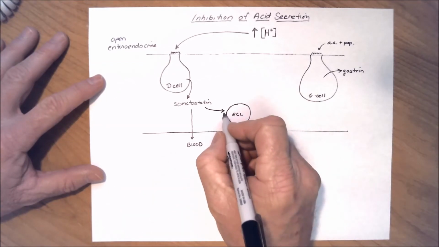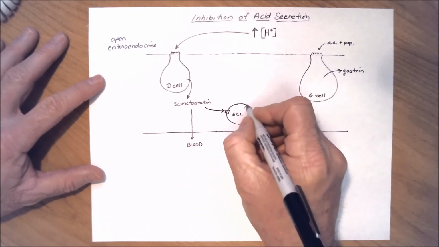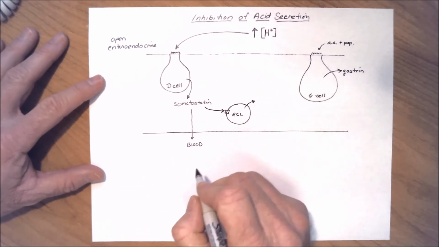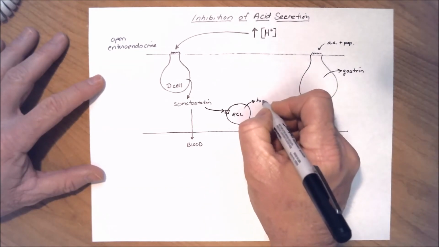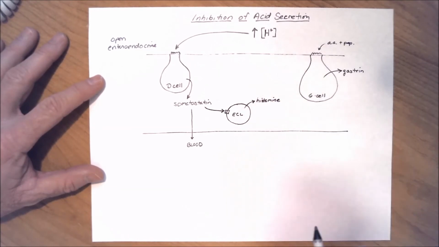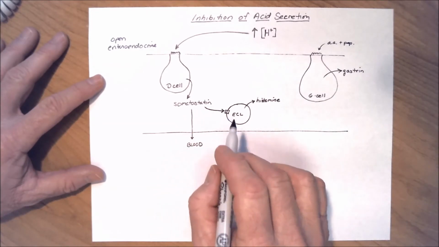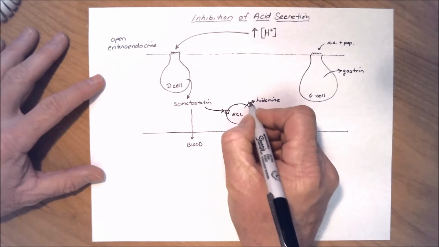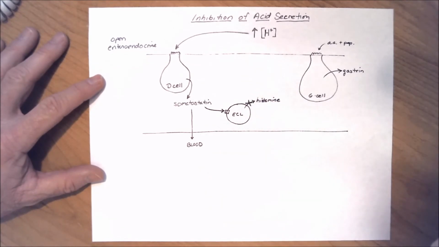Now recall that when the ECL cell is stimulated by gastrin, it is secreting histamine, which then is a positive regulator of the parietal cell for acid secretion. Somatostatin binds the ECL cell and now inhibits the secretion of histamine.